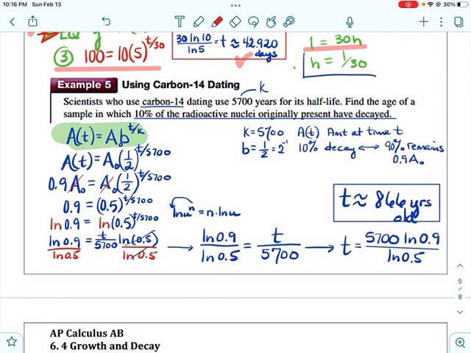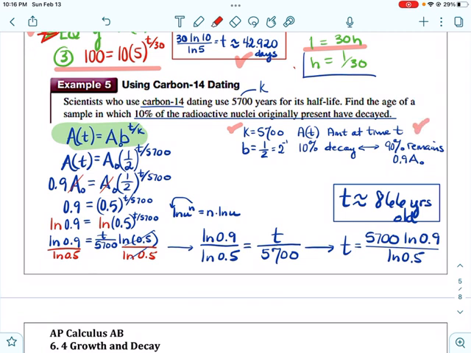So again, we're talking about a decay equation, and with that we're going to use A of t is equal to A sub 0 times b, for the base, to the t over k. The reason I'm using that will become evident as we talk about using values of 1/2 to the first power, 1/2 to the second power with our number of years. So the k value is 5,700.